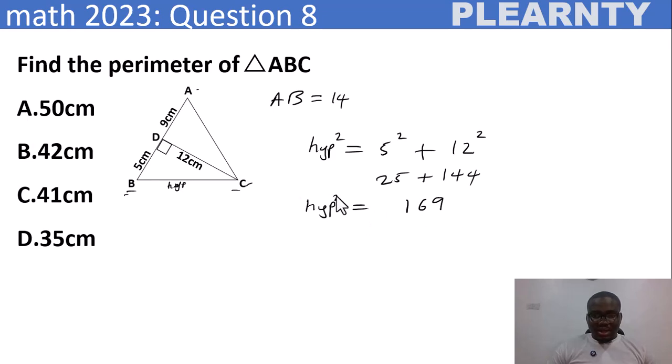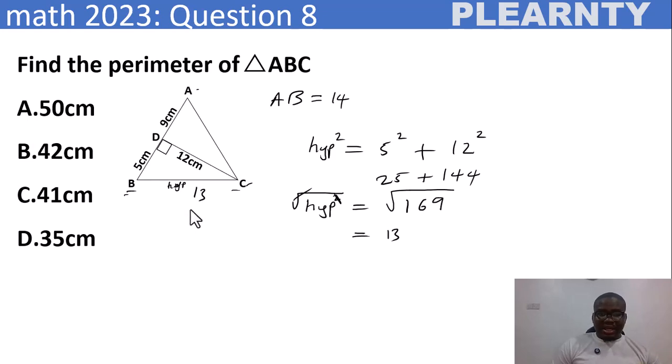So if you want to cancel out this square, you have to add square roots. Square will cancel square root. You add square root to both sides, and the square root of 169 is 13. 13 times 13 gives 169. So hypotenuse is 13. So this BC is 13.